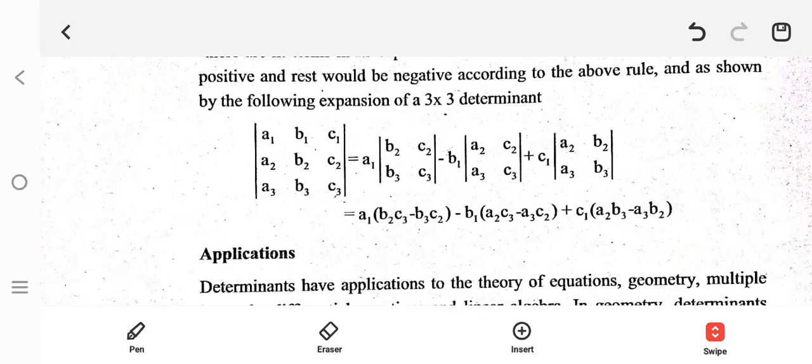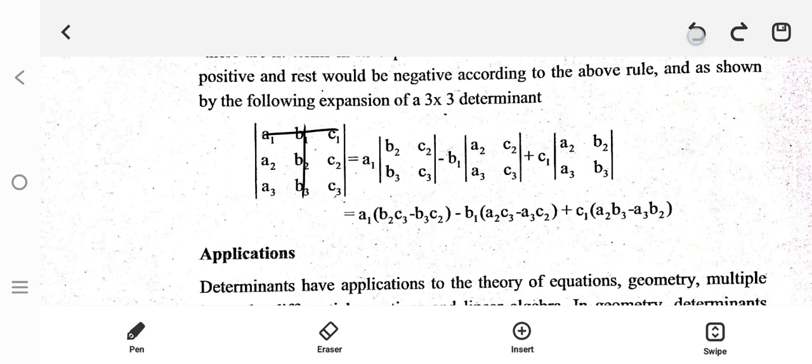Actually, this determinant we can express like this: a1 times, since a1 contains the first row and the first column, we do not take any value from the first row and first column, so just remove them, and we have b2 c2 b3 c3. And for b1, minus b1, remove the first row and the second column.